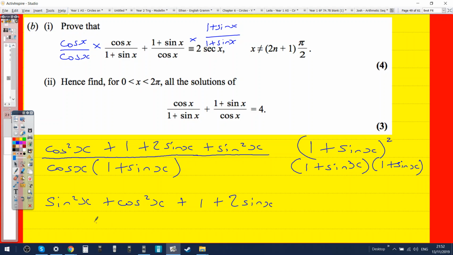Yes. So that becomes 1 plus 1. What is next?